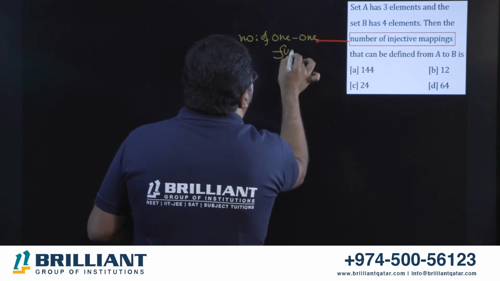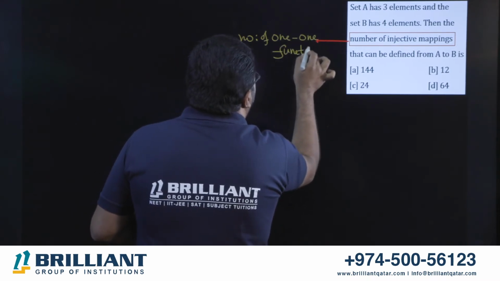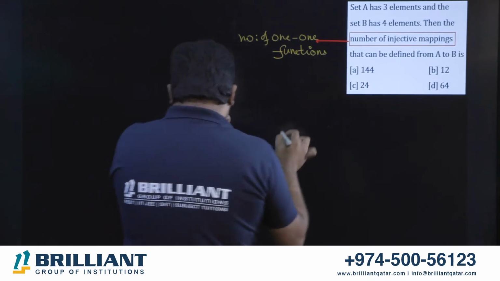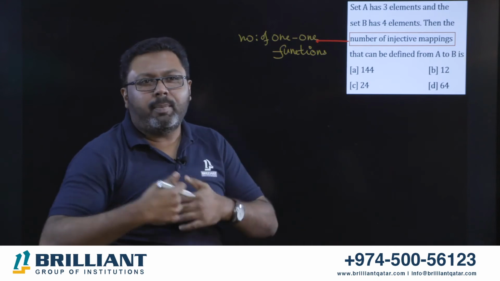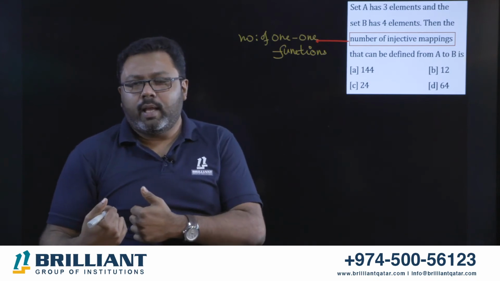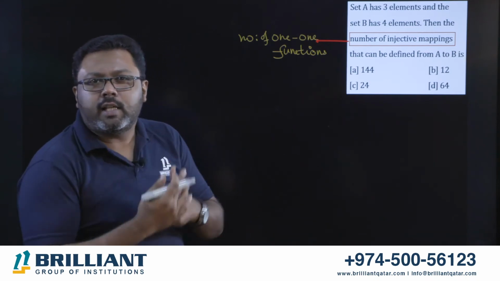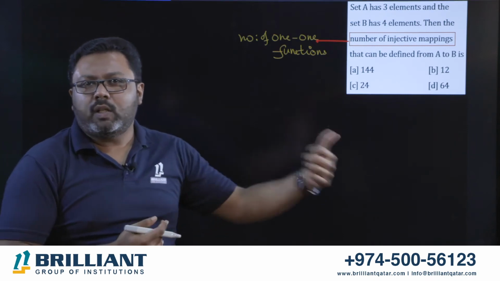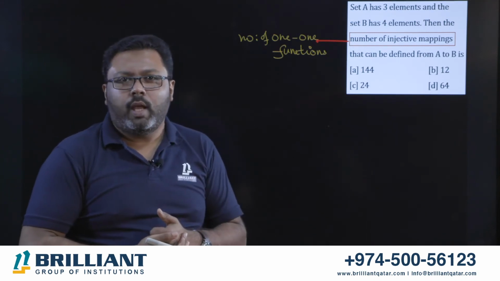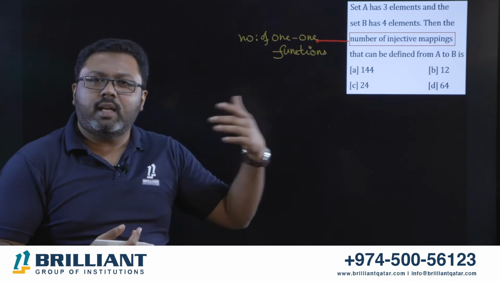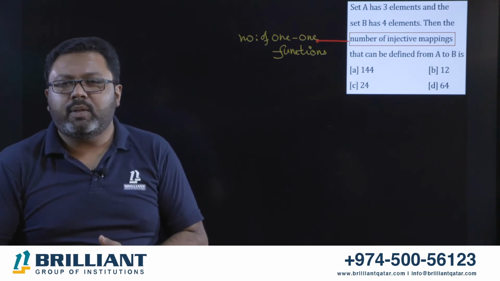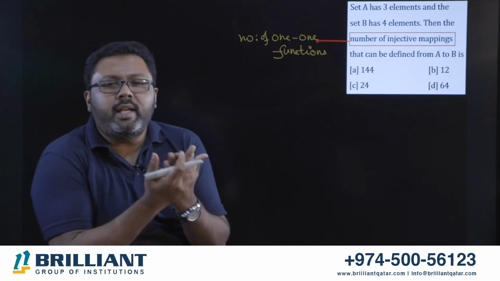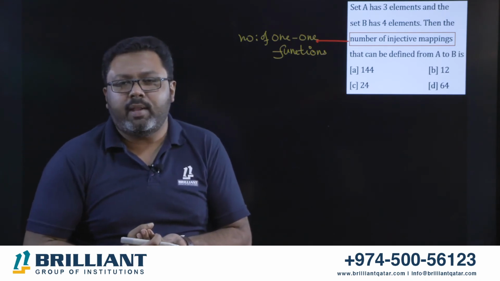Number of 1, 1 functions. What is meant by 1, 1? Every element in the domain has exactly one image in the range. Yes, a unique image, preferably saying a unique image which only belongs to that element in the domain.